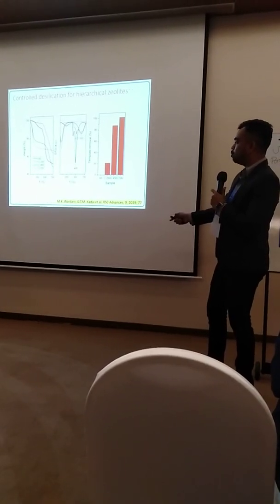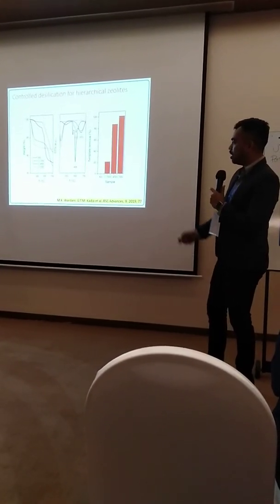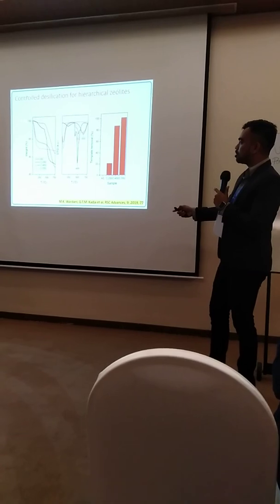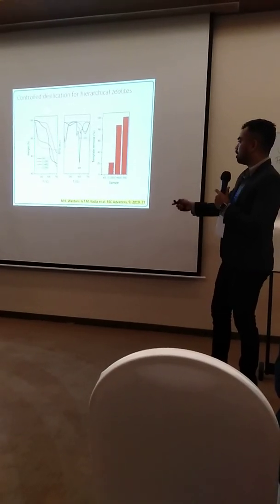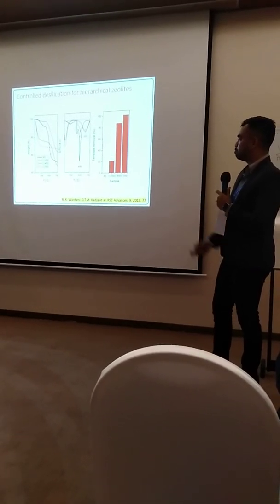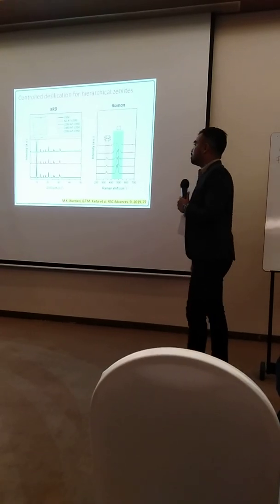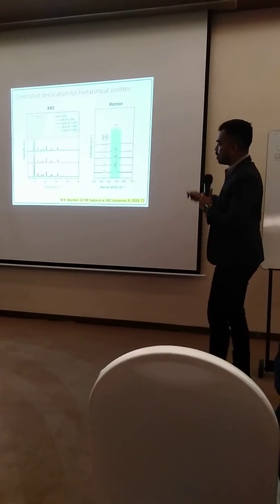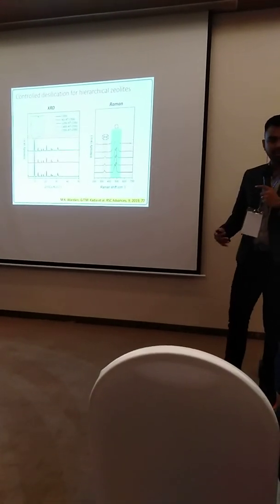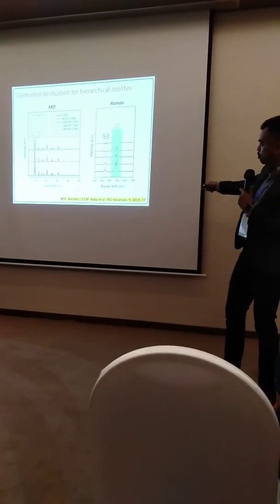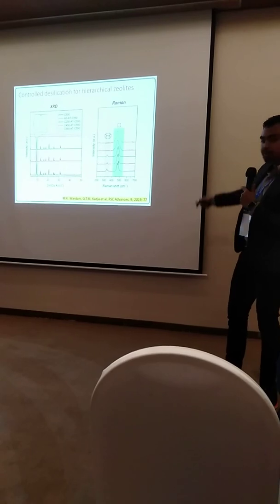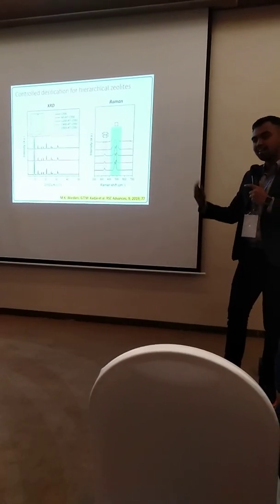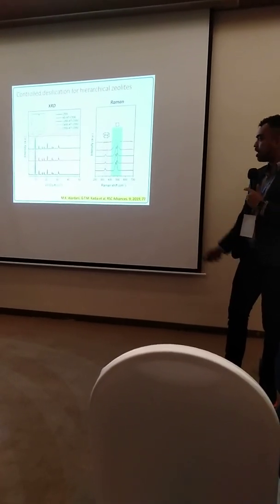And when we calcine at 550, there's no organic. So you'll see when we apply the alkaline treatment, these two samples are still highly crystalline.